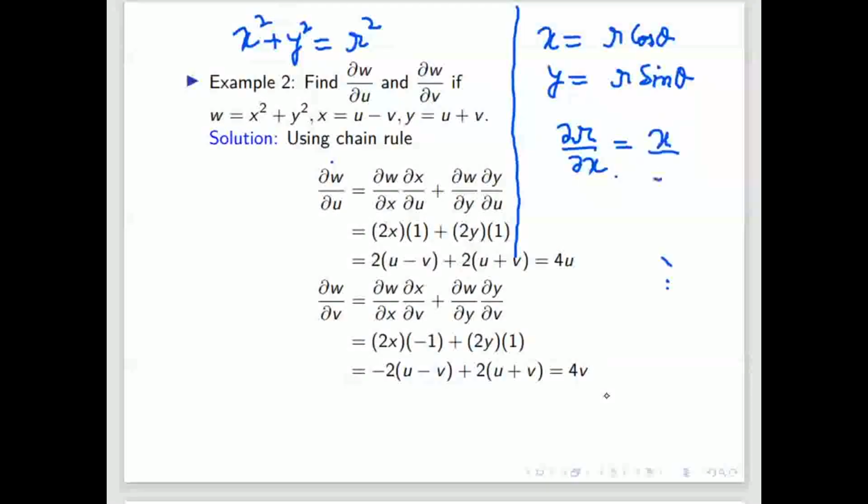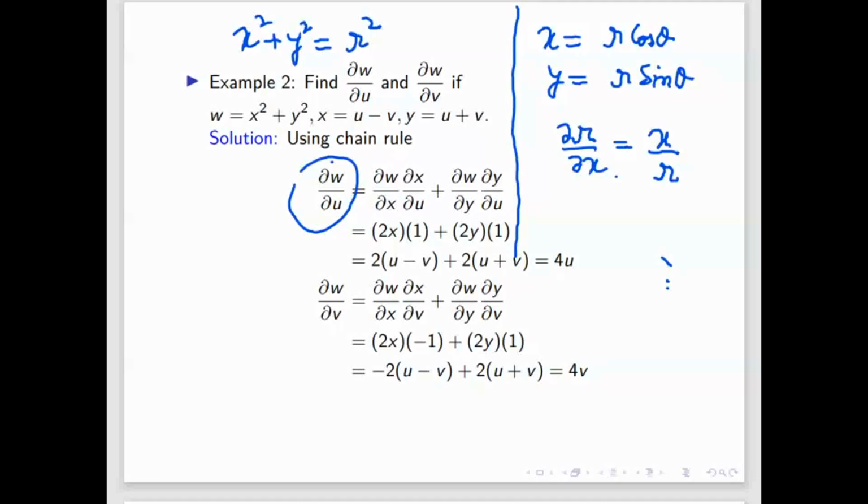So does everybody agree with x by r? Is x by r the correct answer? Like if you are differentiating w with respect to u, will you get the answer in terms of w or not?